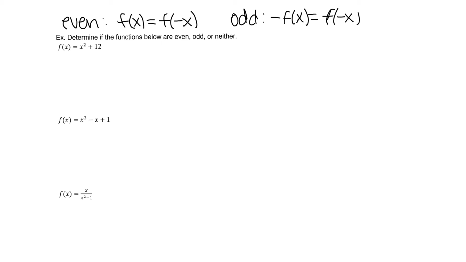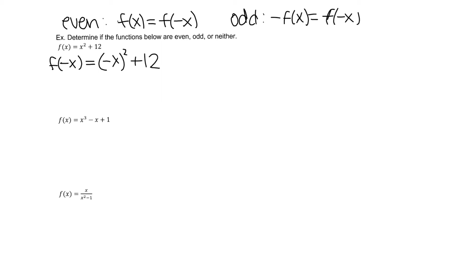If we're looking at f of x equals x squared plus 12, I'm going to find f of negative x. So I'm going to replace every x with negative x. I'm going to get negative x squared plus 12.